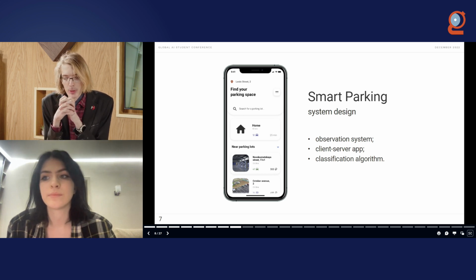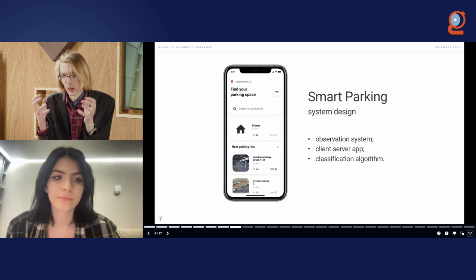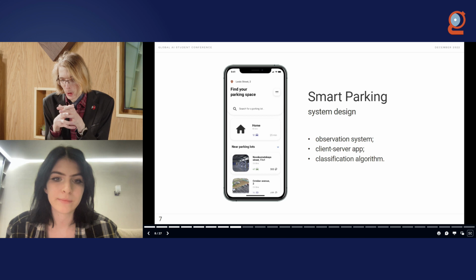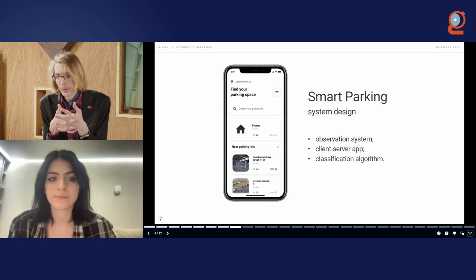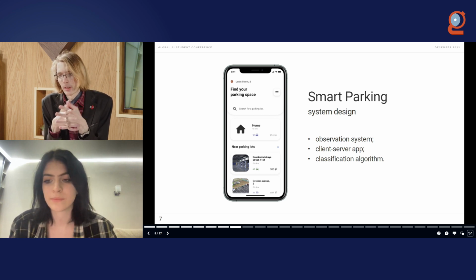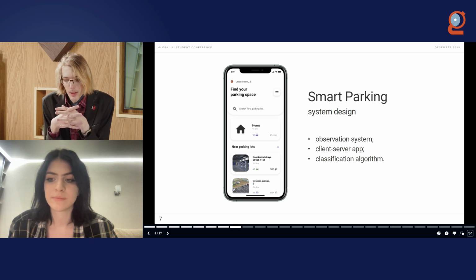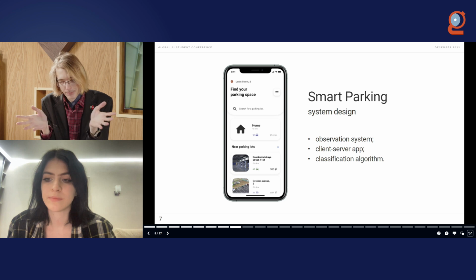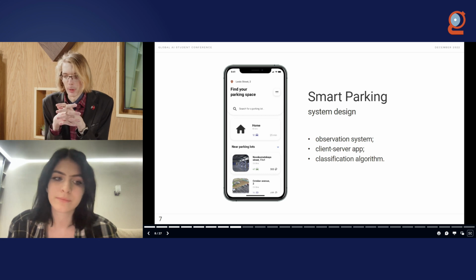These video cameras can be connected together to broadcast the images, for example, once per 60 seconds. This broadcast is then passed to the predictive algorithm that will identify in the desired locations whether there are any empty spaces that can be occupied by your car or not.